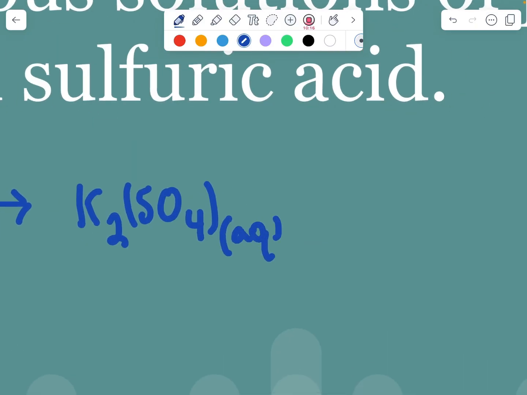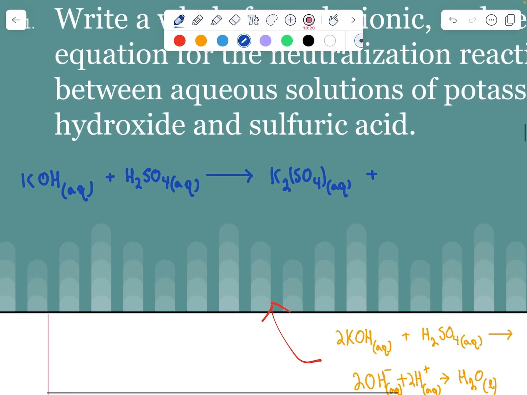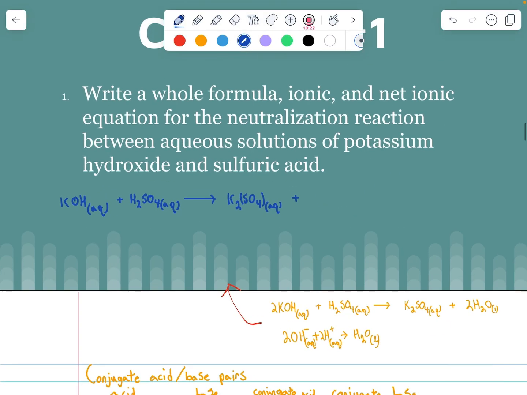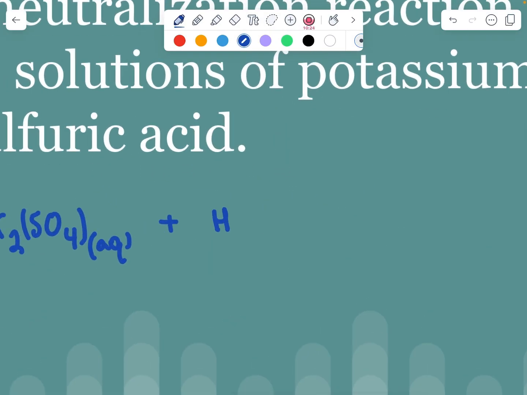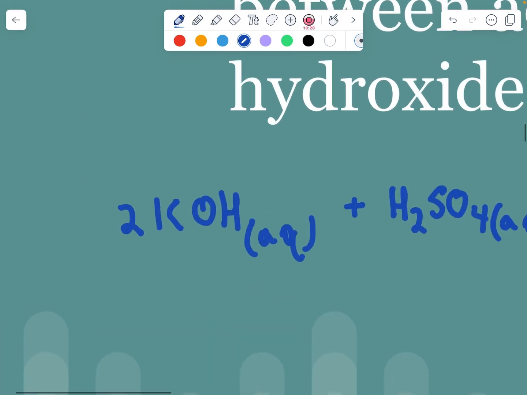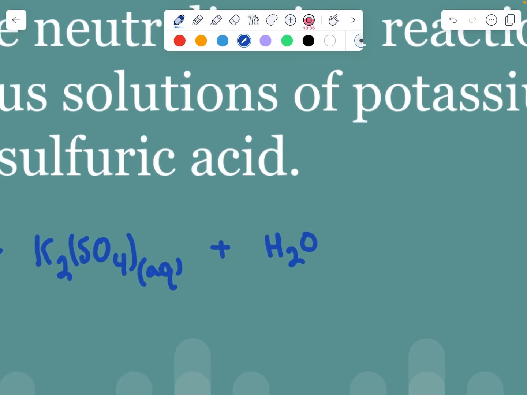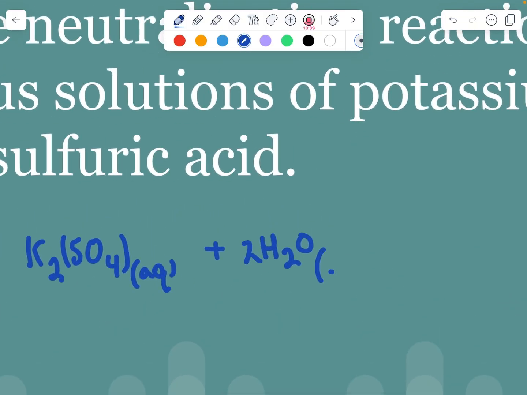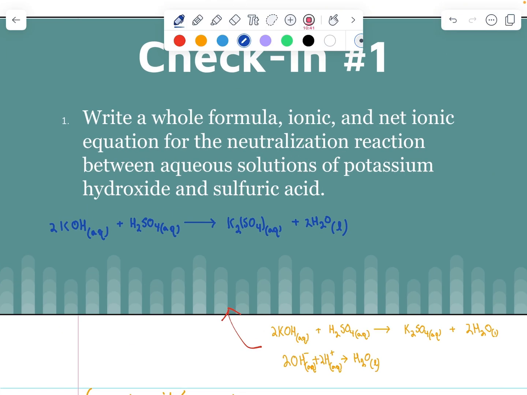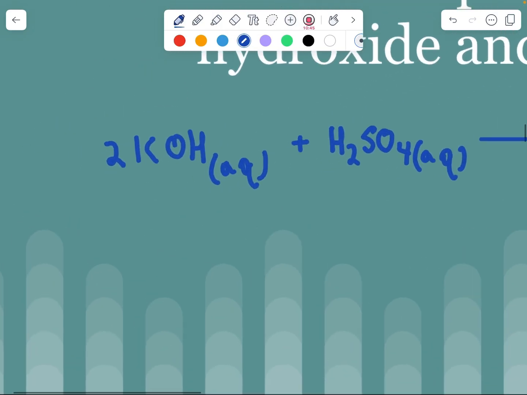We have aqueous, and this will be plus our H2O, because we have the water as one of our products. We have 4 hydrogens on the reactant side, only 2 on the product side, so we need 2 here, and that is our molecular equation. And then we'll just write the net ionic.